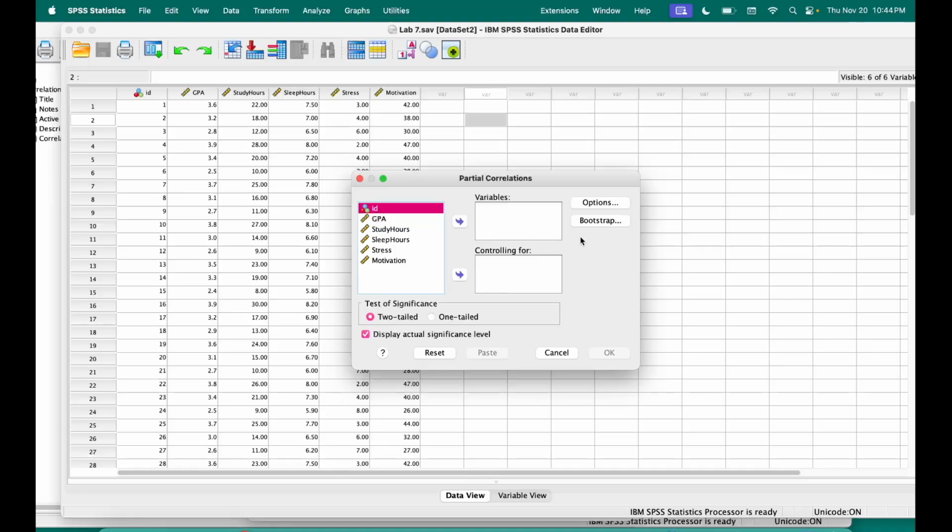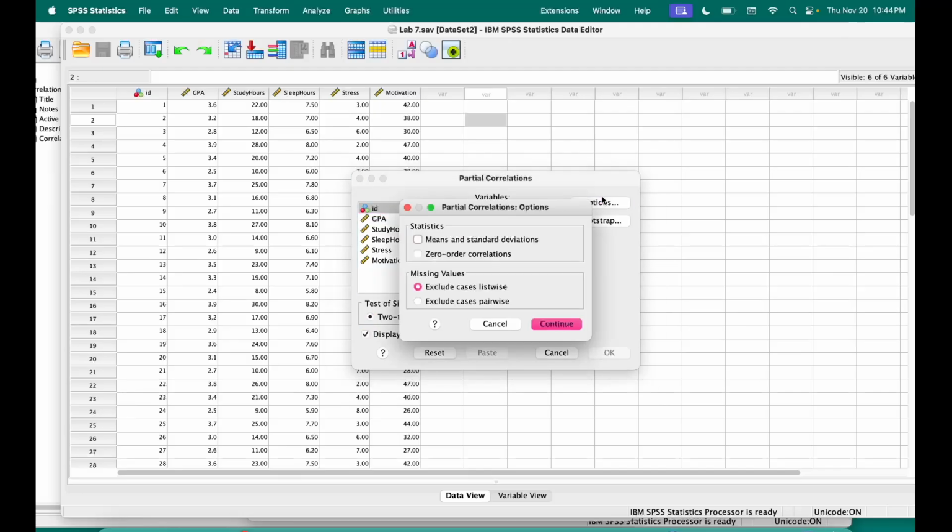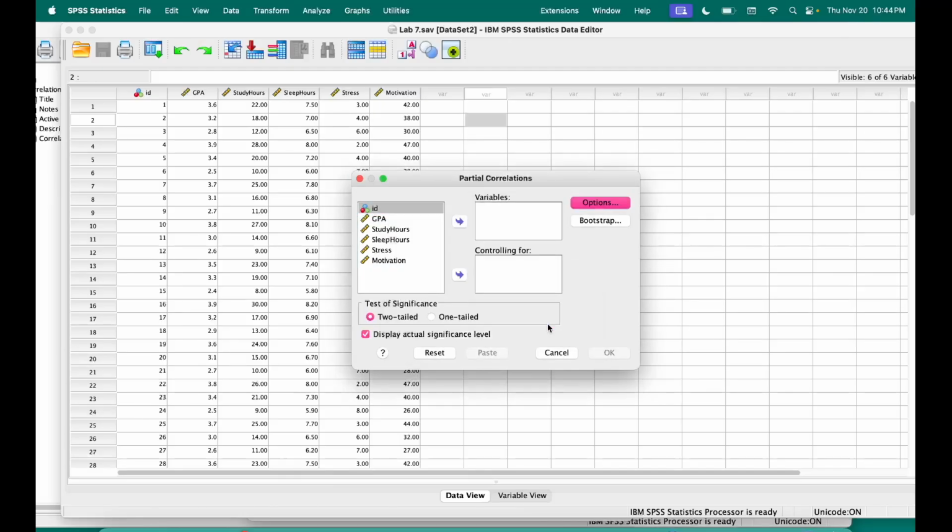So I'm leaving that up to you. You want to make sure two-tailed is still checked, and then we need our means and standard deviations again. So in this box, you're going to put the variables, the correlation that you're examining further, while accounting for whatever third variable you choose. So that'll be up to you.